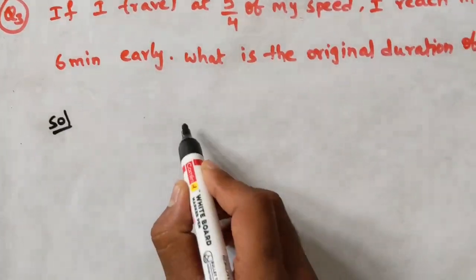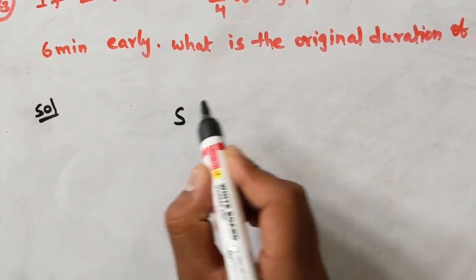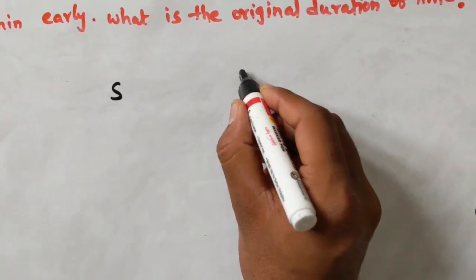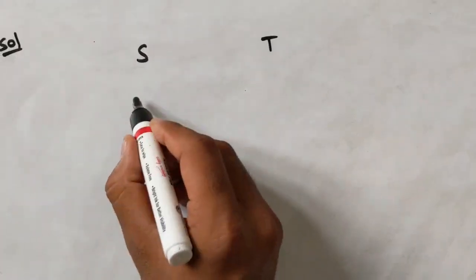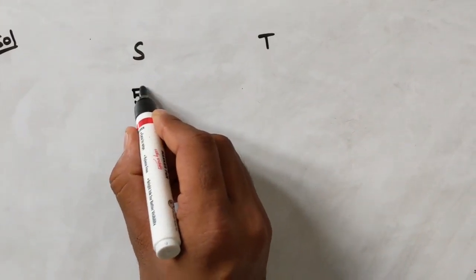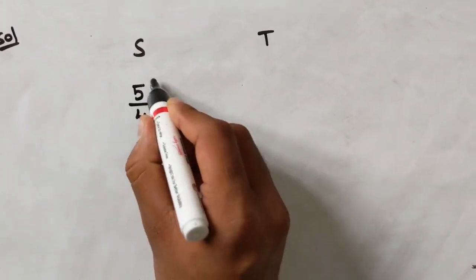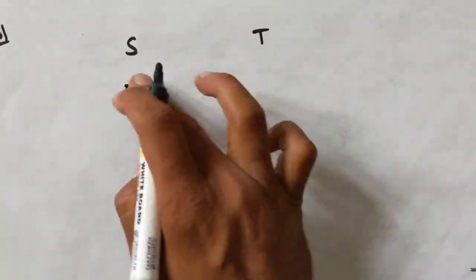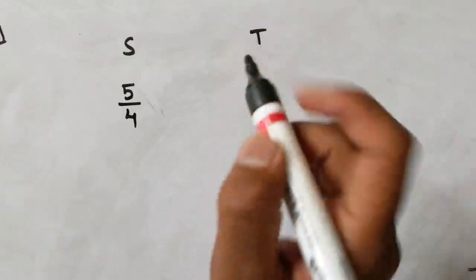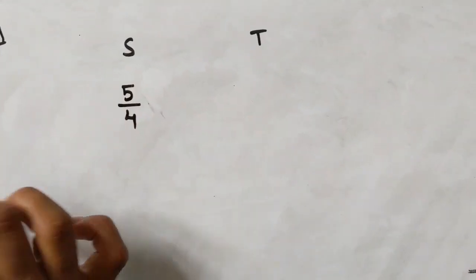Solution: daily I am traveling with some speed and I am reaching in some time, right? But today I am traveling with 5/4 of my speed. Then how much time will it take to reach the office?